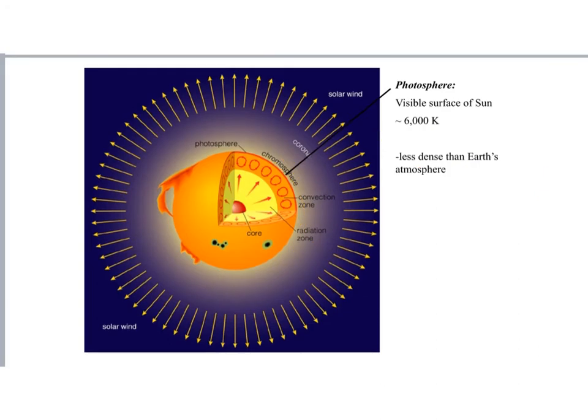Okay, inward some more, and we get to see the visible surface of the sun, or the photosphere. And on average, the temperature is around 6,000 Kelvin. Okay, so this is still, right, it does seem to be like a surface, but it's not a hard thing.